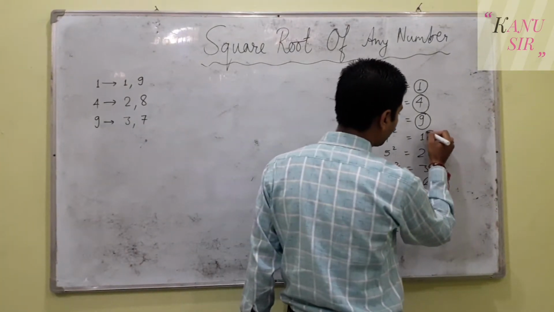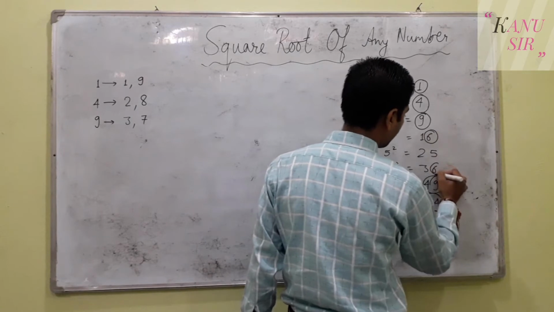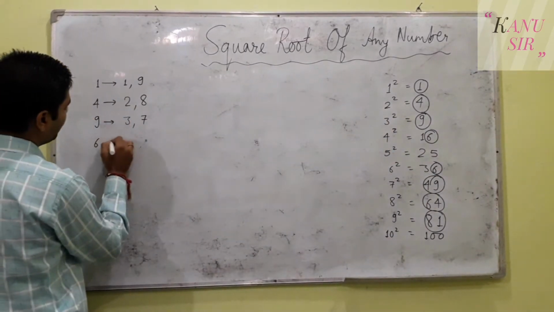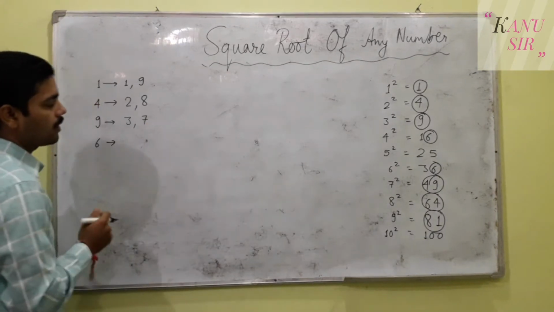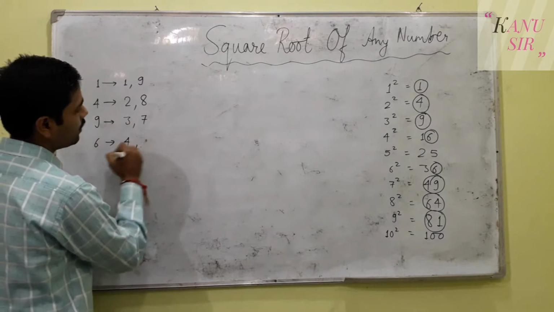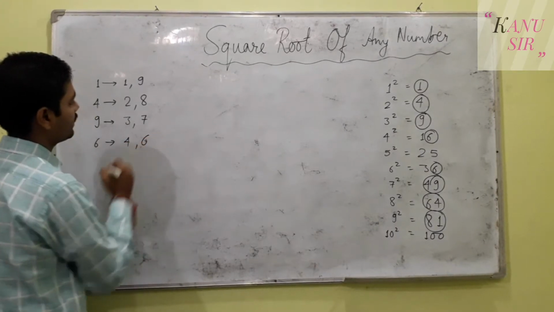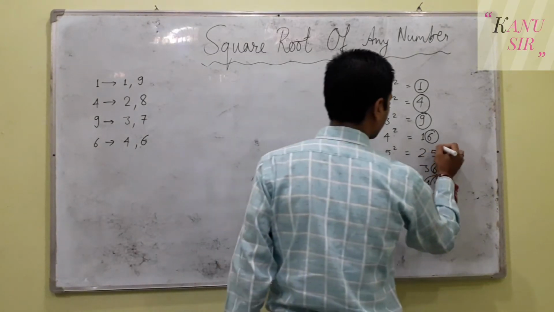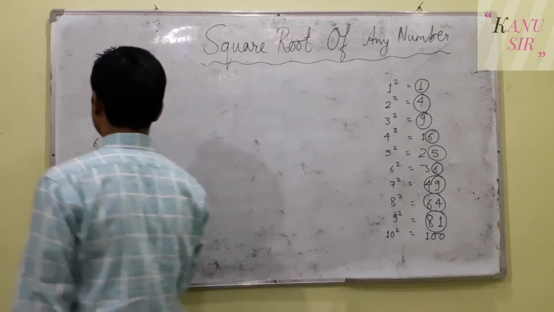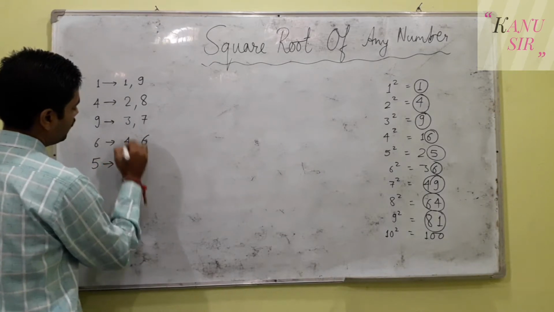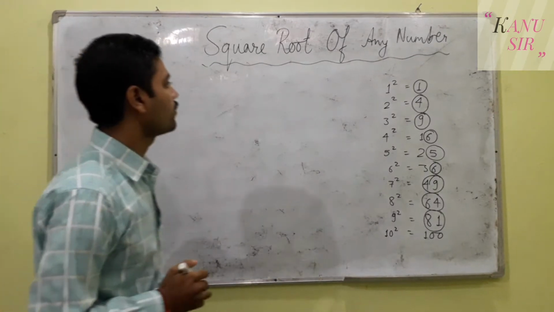And 6 and 36: if you get 6 in the ones digit of a number, then it might be the square of 4 or the square of 6. And if you get 5, then you are very much clear that the number will be the square of 5.